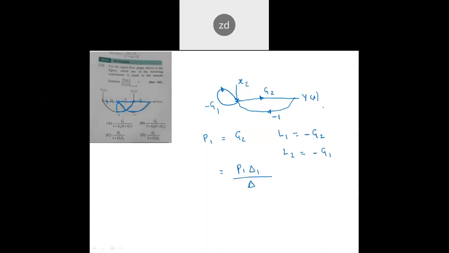Del 1 would be equal to 1 again, because there is no combination of loops that is not touching it. So p1 is equal to g2 and 1 minus sum of the loops. So what is the sum? Minus g1 minus g2. So this will become g2 over 1 plus g1 plus g2.